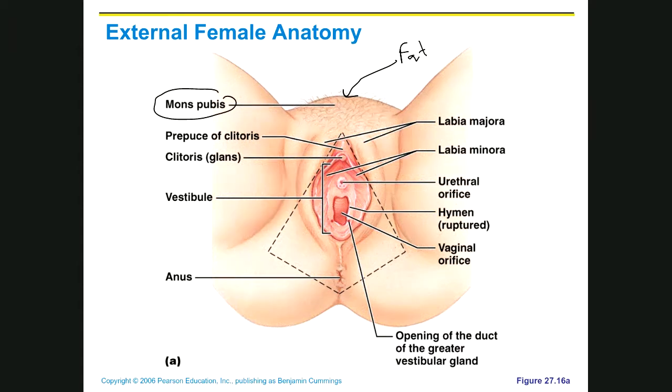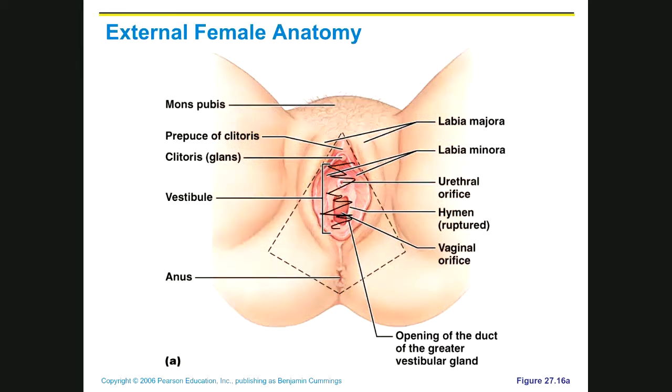And then if you look at the external genitalia, what we have are two pairs of what are called lips, or labia. There's the labia majora. Labia majora are the outer ones, and they're covered in skin. And then there's the labia minora, which are the inner ones, and they're just mucous membrane tissue. There's no skin.